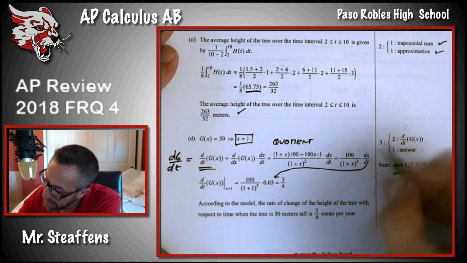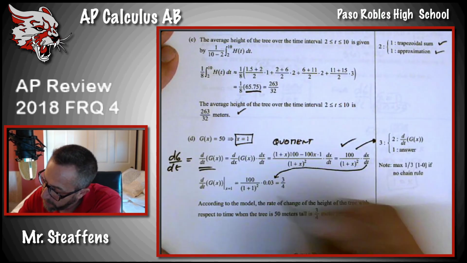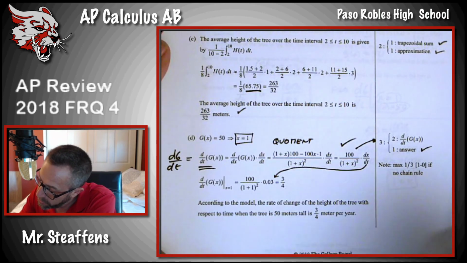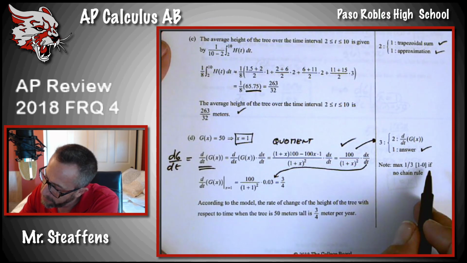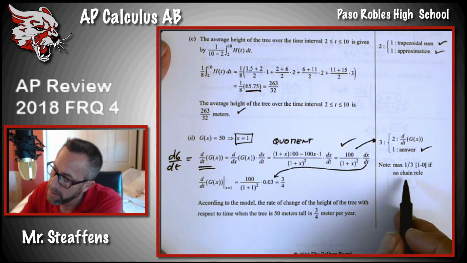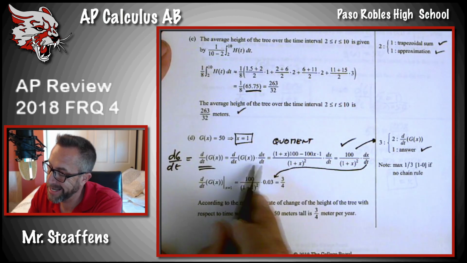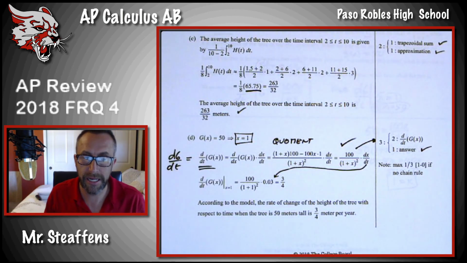So if I got this answer here, that was worth that point. If I got the final answer, that was worth that point. It says no chain rule, 1 out of 3. It must be talking about doing this derivative like that, I guess. I don't know. I would have written g equals and got the answer doing it that way.